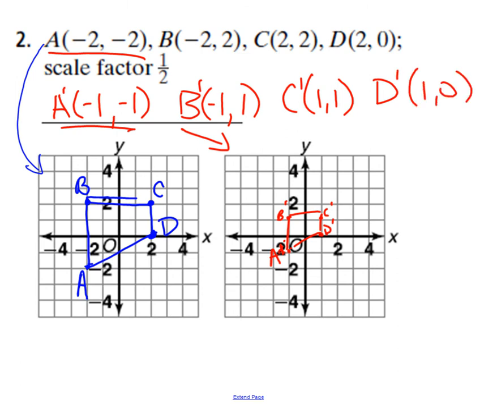Okay, so what would happen to our perimeter here? It got smaller. By how much? So our perimeter would be times 1/2.